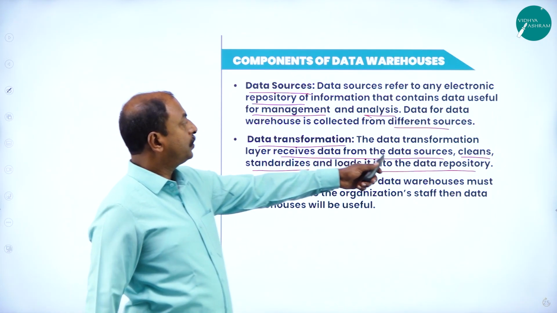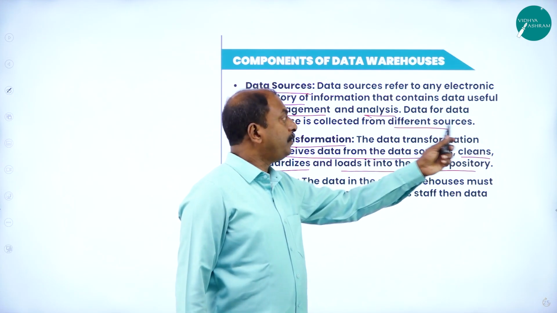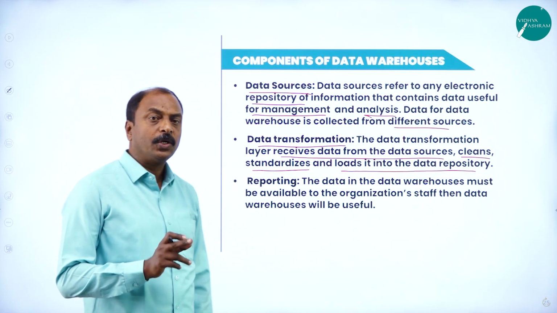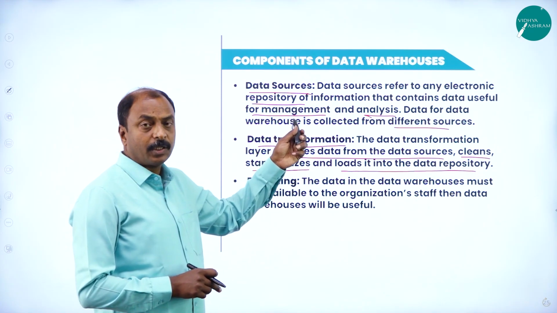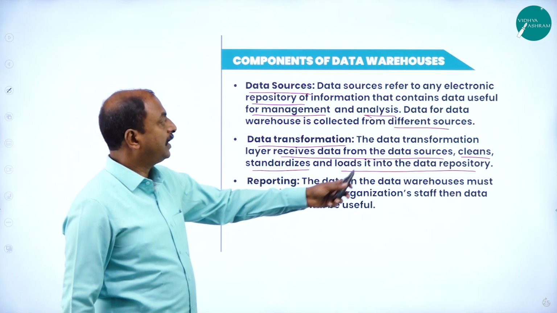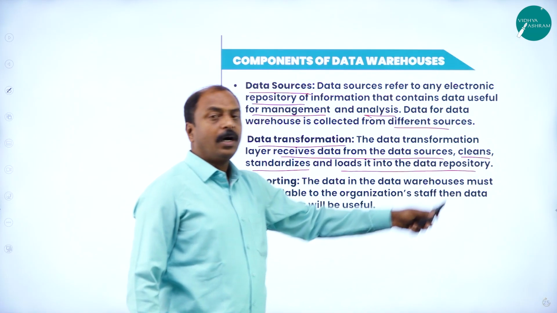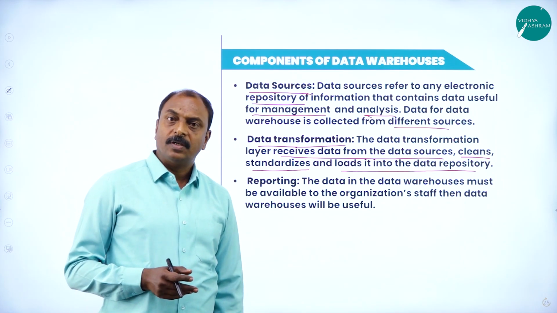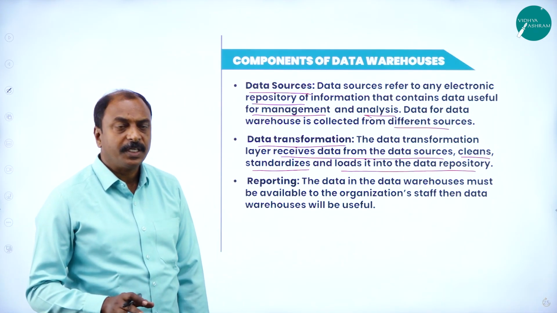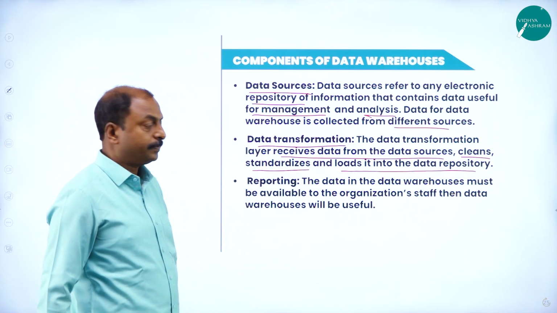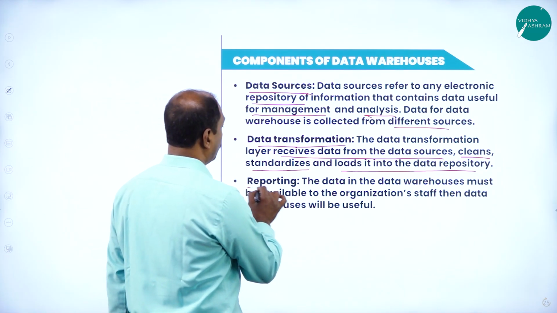We are getting the data from different resources, and that may not fit into the standard of this data warehouse. So the step is transformation. We have to clean the data, or make it fit into the particular standard. That is data transformation.